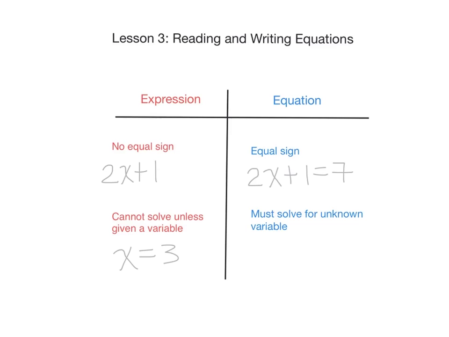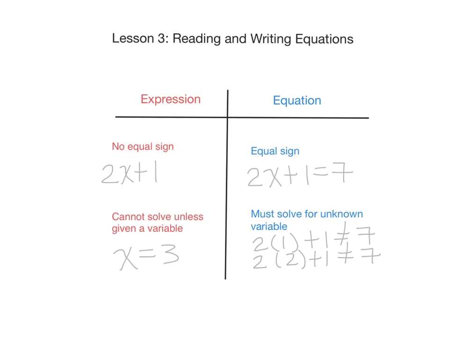We know that 2 times a number, let's say for example 1, plus 1 will give us 7. Well, let's check ourselves. 2 times 1 is 2, plus 1 is 3. Nope, that does not give us 7. Let's try 2. 2 times 2 is 4, plus 1 is 5.